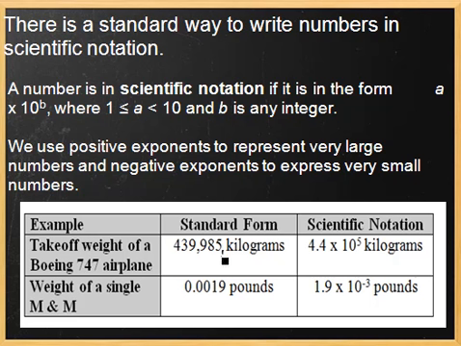We can represent this using scientific notation, moving the decimal place 1, 2, 3, 4, 5 places to the left, or 10 to the 5th, or 4.4 times 10 to the 5th. The weight of a single M&M can be expressed in scientific notation by moving the decimal place to the right 3, or written as 1.9 times 10 to the negative 3.